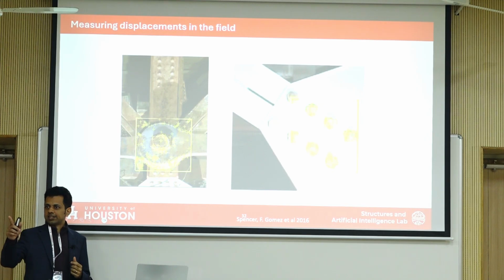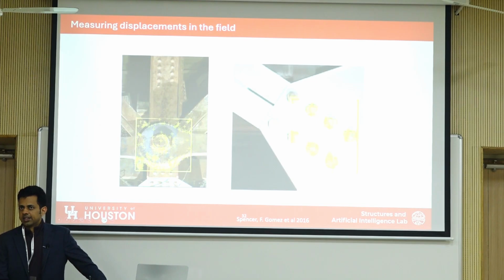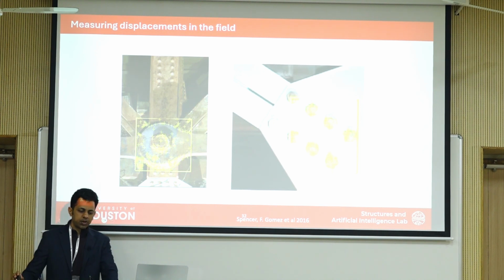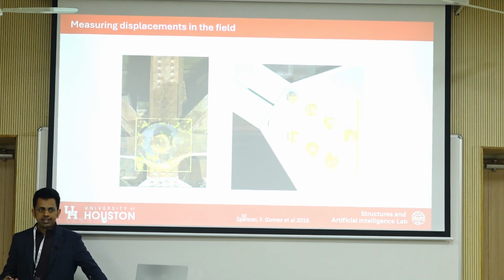There was some question there. Yes. So the question is, can computer vision be used to categorize the damage based on a severity basis? There are a few ways you can do that.